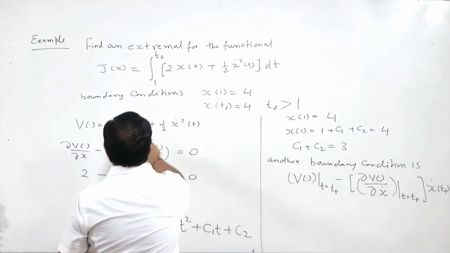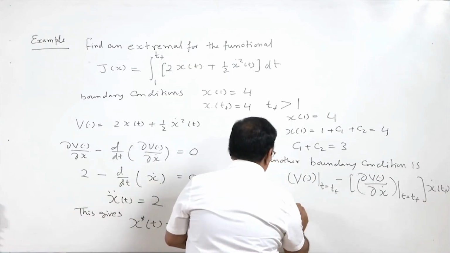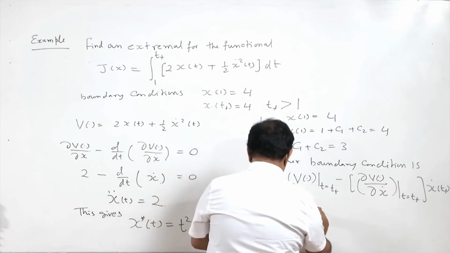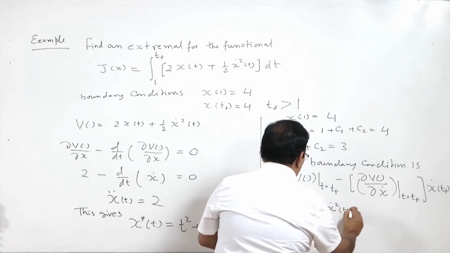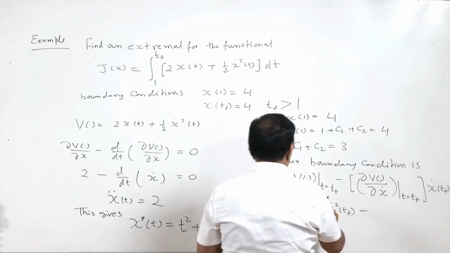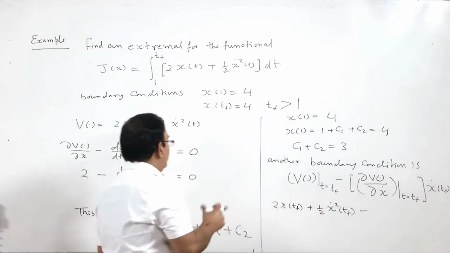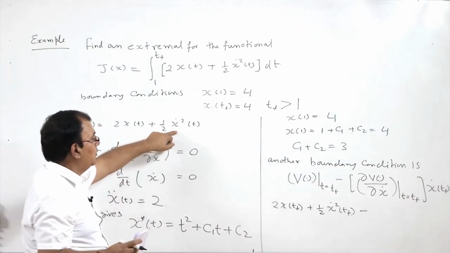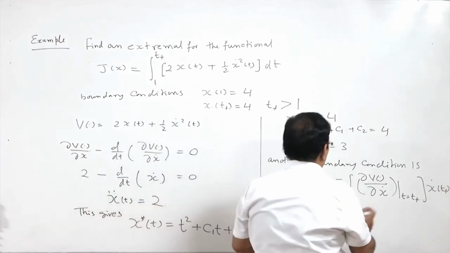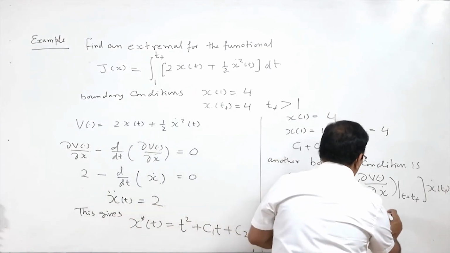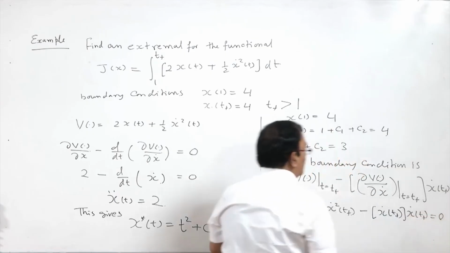So, if I use V as 2xt plus half ẋ² t, I will get 2x of tf plus 1/2 ẋ² of tf, because my V is given this value, minus, if I differentiate this with respect to ẋ of tf, that is nothing but ẋ of tf multiplied with ẋ of tf, and this is equal to 0.